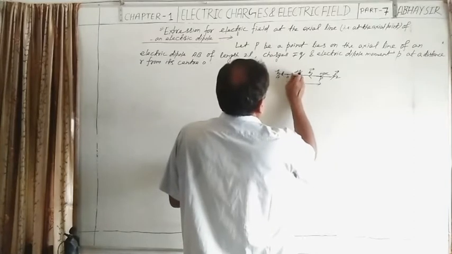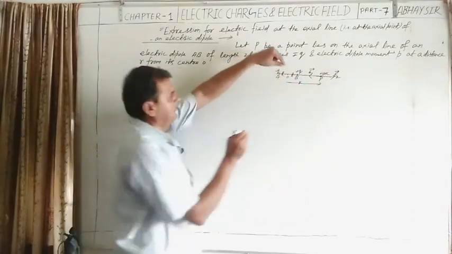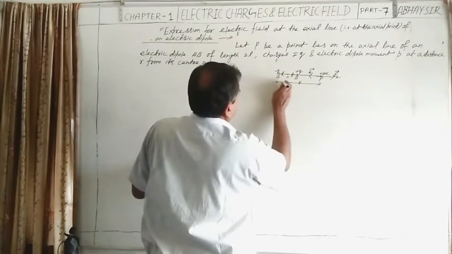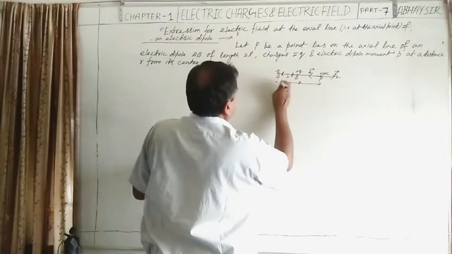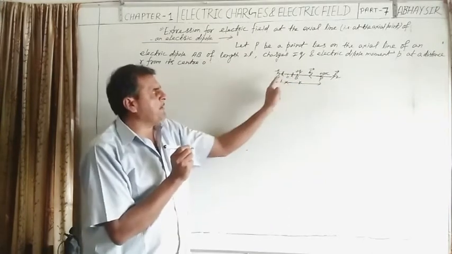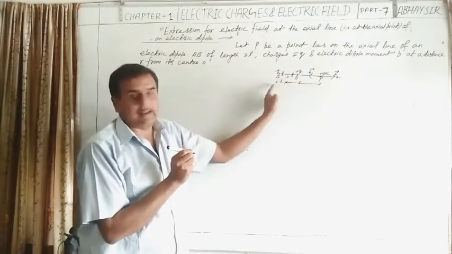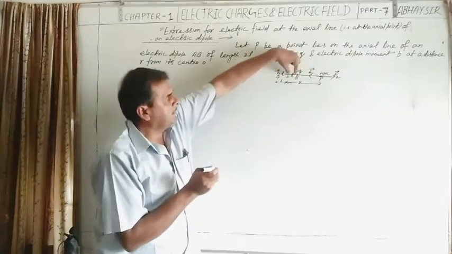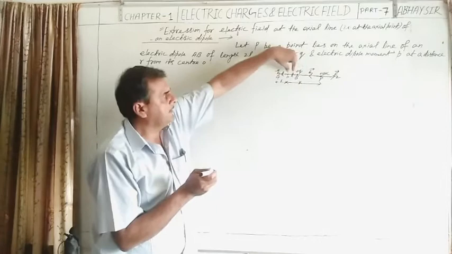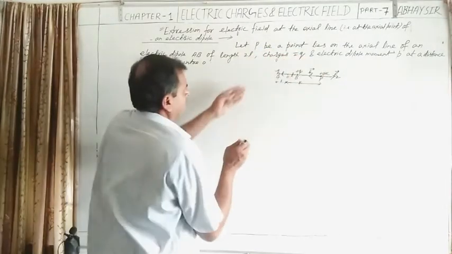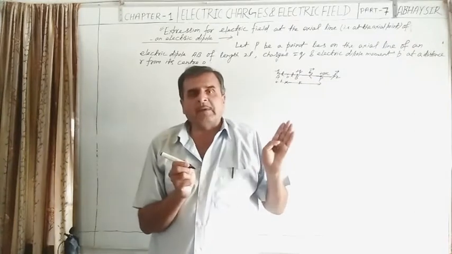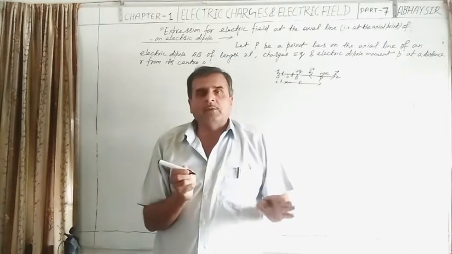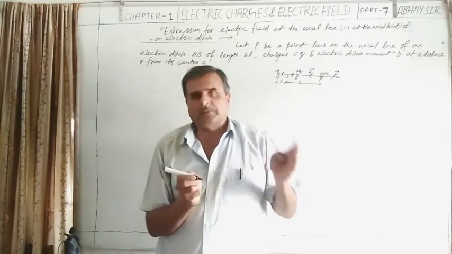This distance is L. 2L is the length of the electric dipole. This distance is also L. Distance of point P from A is R plus L, and distance of point P from B is R minus L. R is from O to P, and O to B is L, so R minus L. Now you know the formula for electric field intensity at a point due to a point charge Q is 1 by 4 pi epsilon 0 Q upon R square.